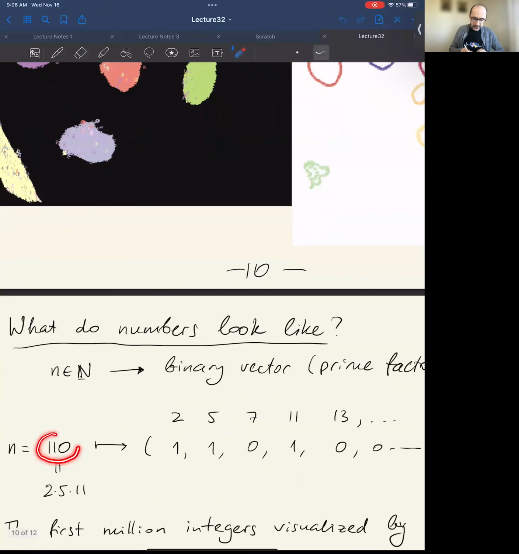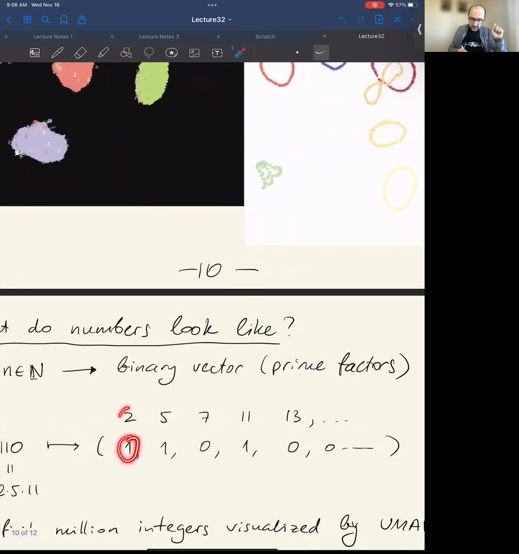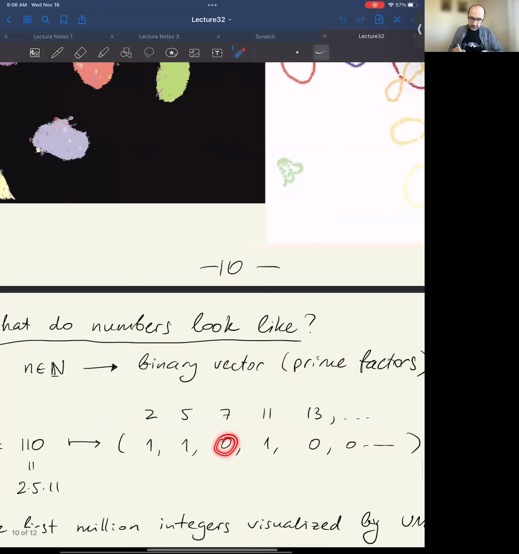Let's say I take the number 110, and I put 1s for each prime factor of 110, and 0 if it doesn't have that prime factor. So for example, 110 is not divisible by 7, so I put a 0. It is divisible by 2, so I put 1 here. It's not divisible by 13, so I put a 0. So we represent every integer as a binary string, just by prime divisibility. And we put it in UMAP.